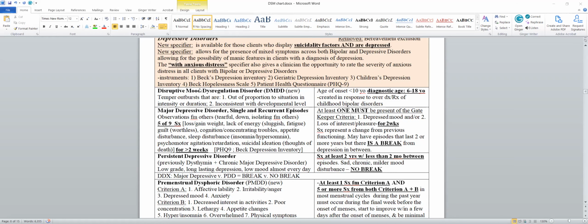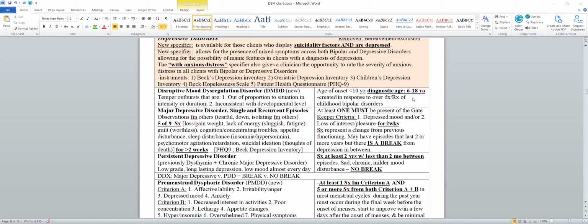in depression. So, diving into disruptive mood dysregulation disorder, these are temper outbursts that are, one, out of proportion to the situation in intensity or duration, and two, inconsistent with developmental level. Age of onset is before 10 years old.